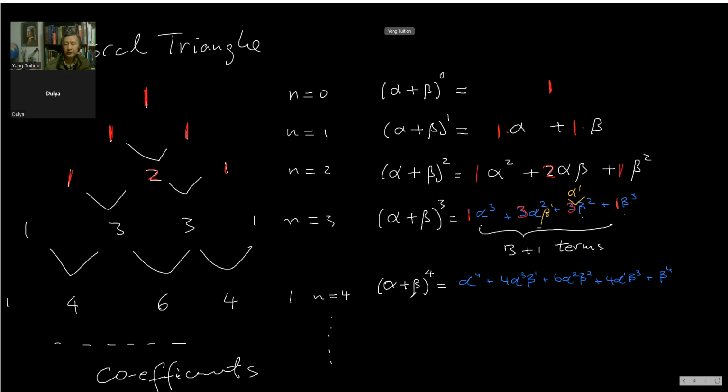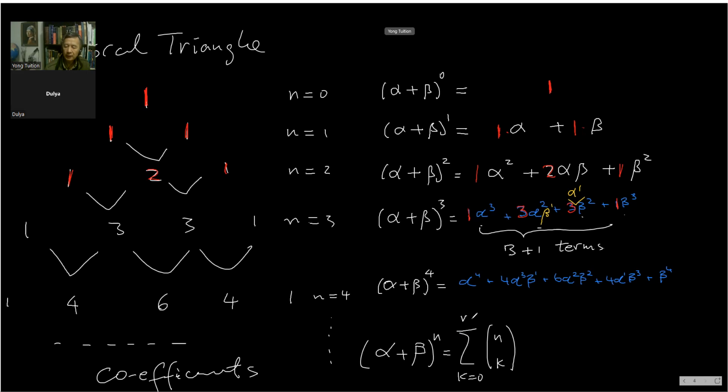In other words, if we recall our formula here, (alpha plus beta) to the power of n equals the sum of this coefficient, n choose k, for k from 0 to n.